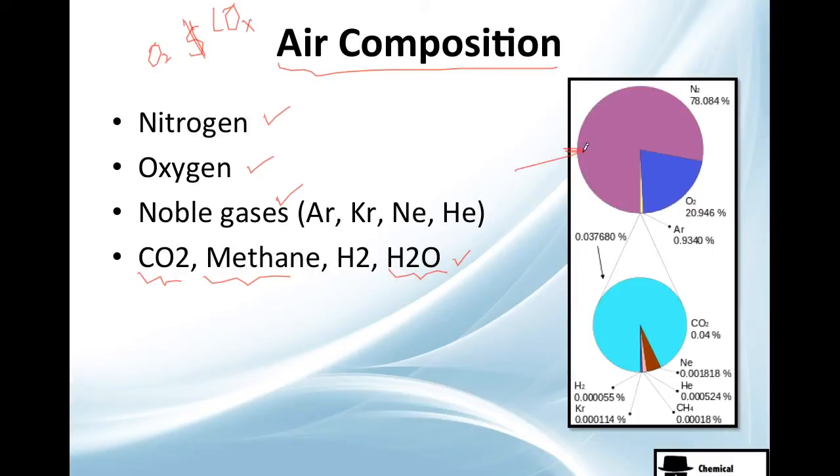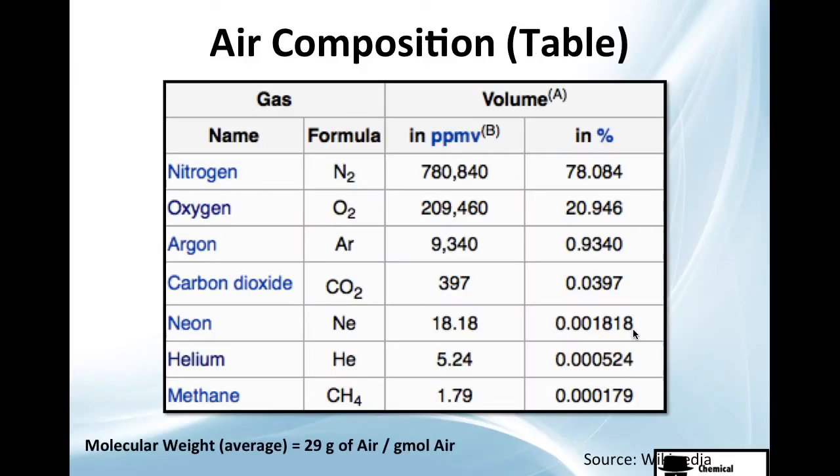I have it here from Wikipedia, the graphic. So as you can see, this is so little. And actually if you wanted to know how much exactly it is, it's an average. But my personal opinion is we're not going to use it, because it's 78%, almost 21%, and this is almost nothing. This is not even 1%.